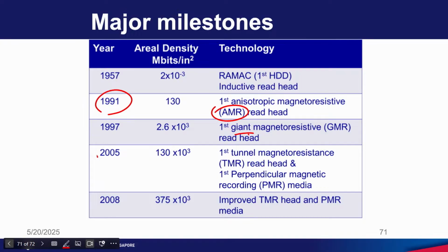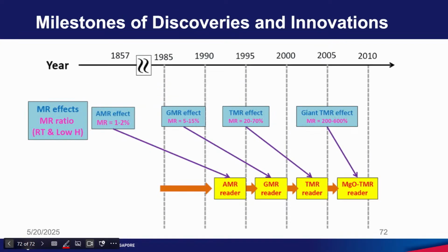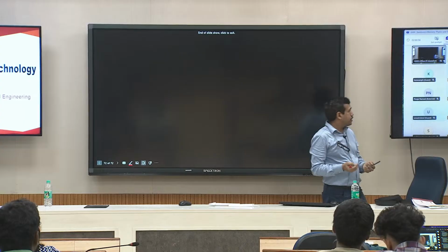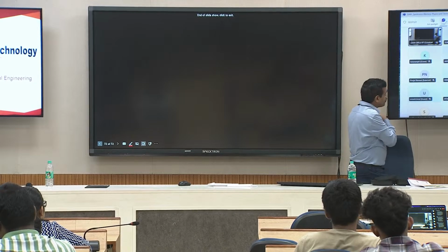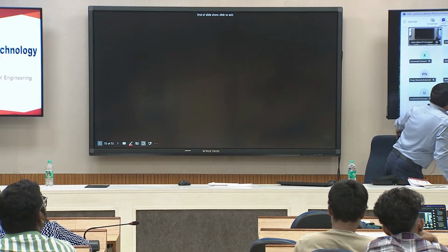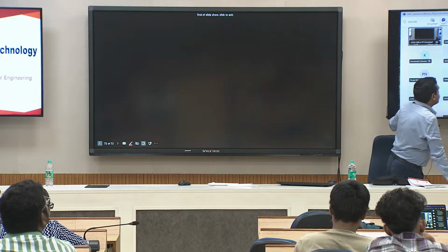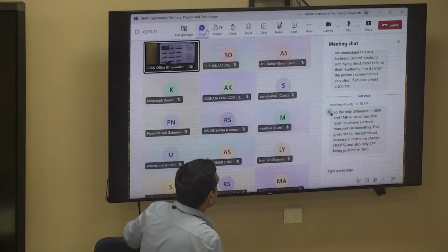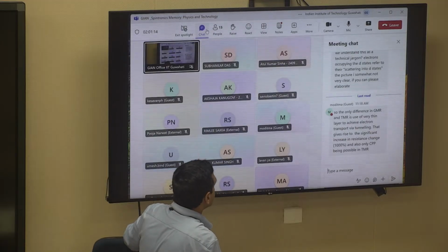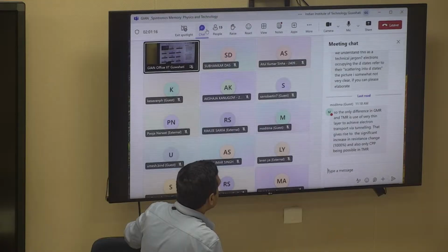Then TMR was introduced in the middle of 2000. Okay, so you will have all the slides. You can go through the slides again and watch all the videos to understand, because some of these concepts are very tough. The only difference between GMR and TMR is the use of a very thin layer to achieve electron transport via tunneling. That gives rise to a significant increase in resistance change, and only CPP being possible in TMR.